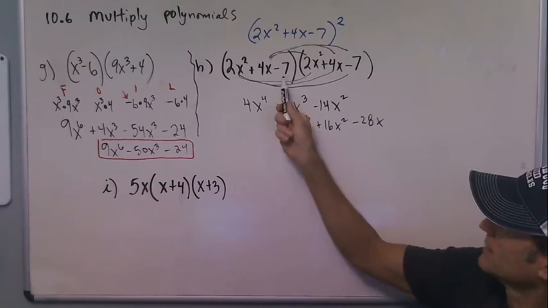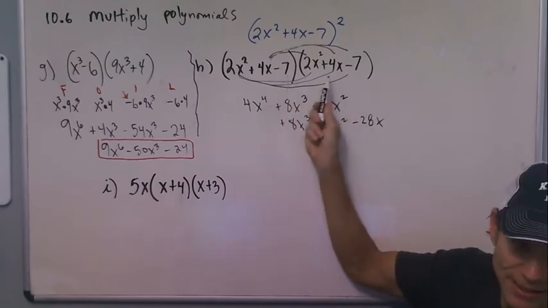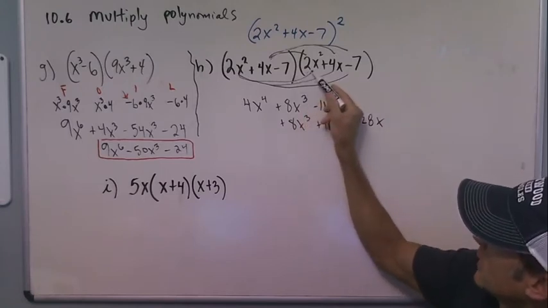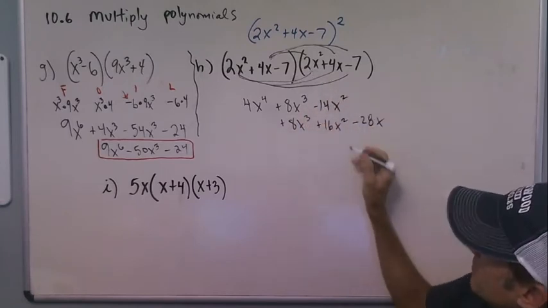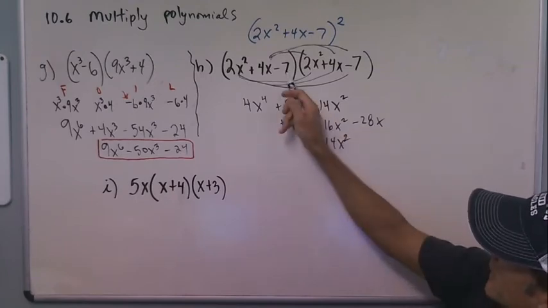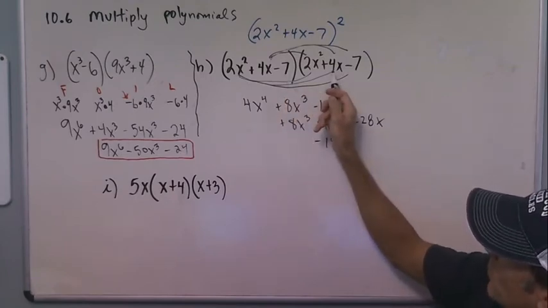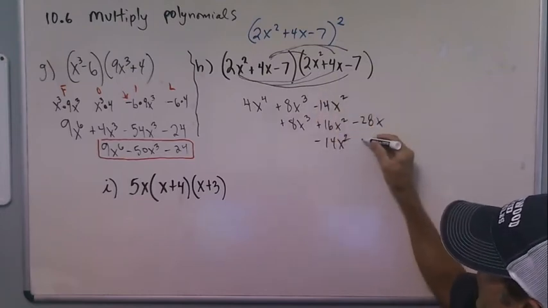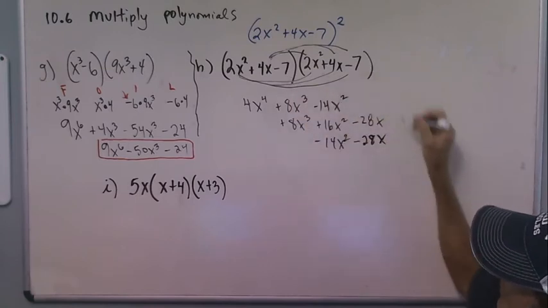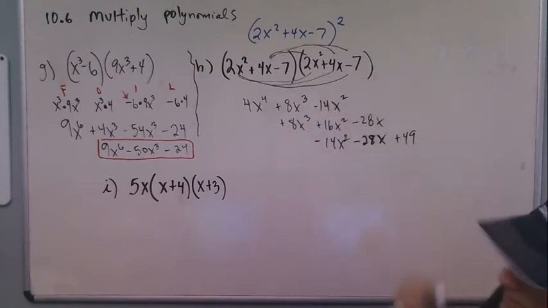Now I have to have that negative 7 hit everything in this second parenthesis. So negative 7 times 2x squared is negative 14x squared. I'm going to line that up right here. Negative 7 times 4 is negative 28x. And then negative 7 times negative 7 is 49.